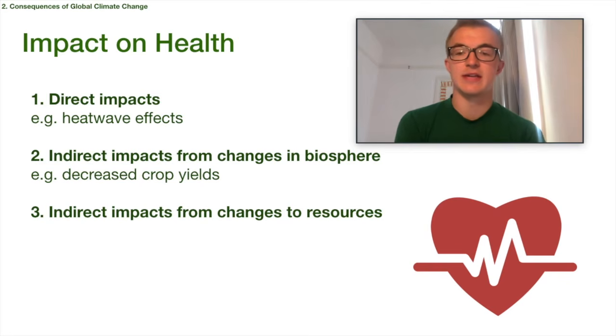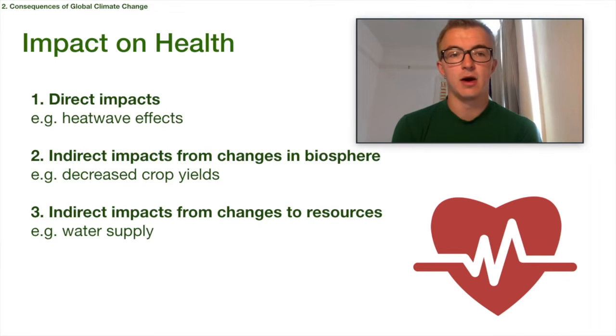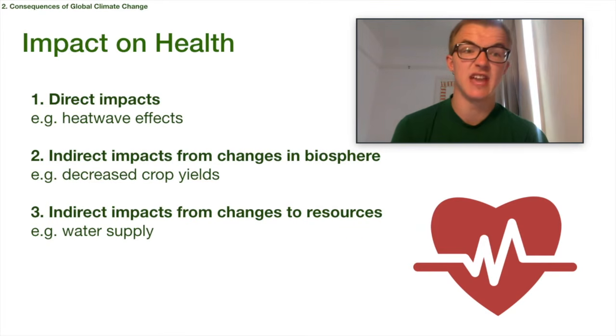And finally, the indirect impacts from changes to resources. So we looked a little bit extensively at the idea of the water cycle and water supply. We know that the global climate and the changes that are persisting within it, and global warming in particular, are leading to big changes in water supply.